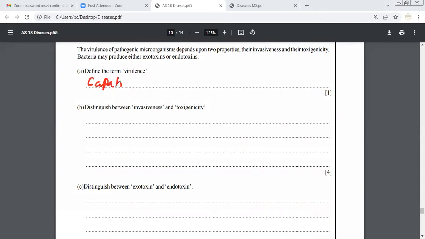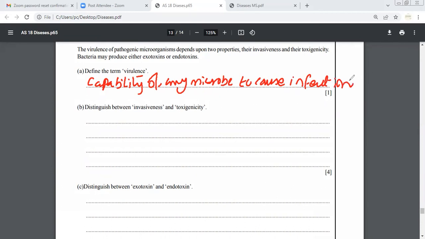Capability of any microbe to cause infection or disorder in the living body.